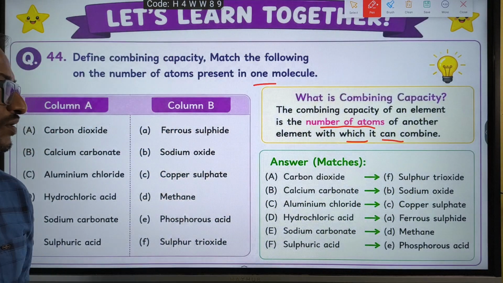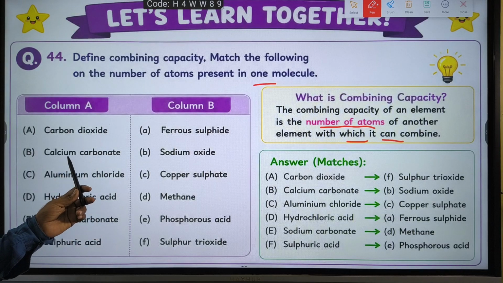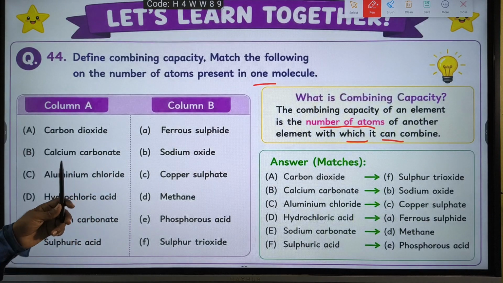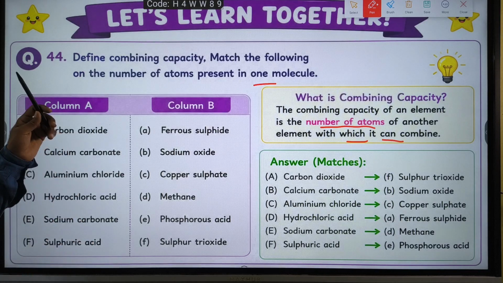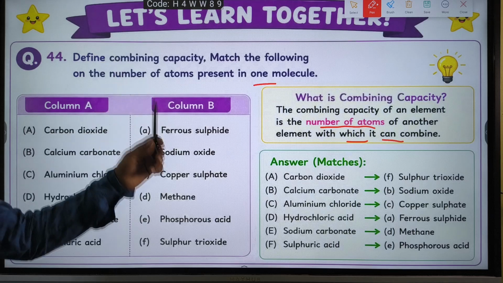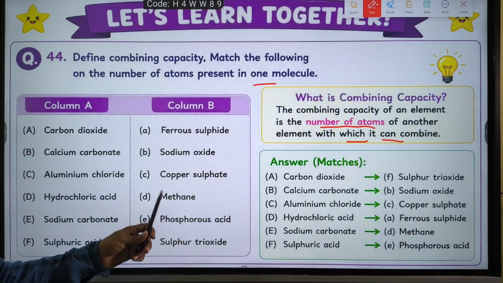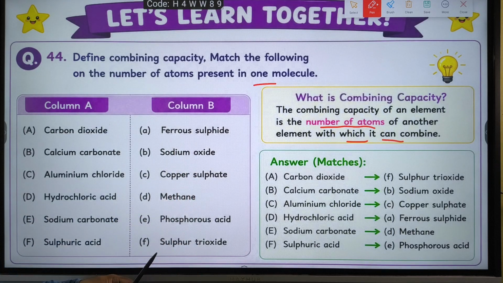Okay, see here: carbon dioxide, calcium carbonate, aluminum chloride, hydrochloric acid, sodium carbonate and sulfuric acid. And at the right side: ferrous sulfide, sodium oxide, copper sulfate, methane, phosphoric acid and sulfur trioxide.